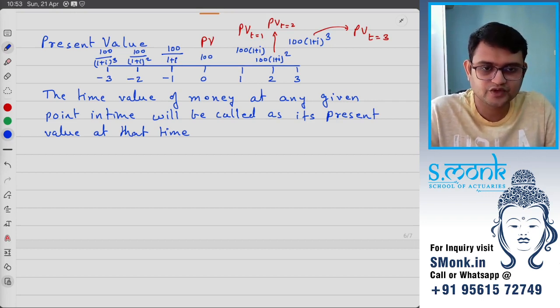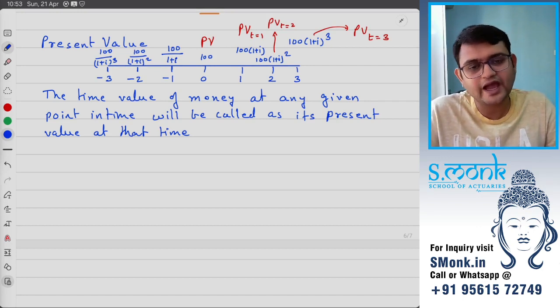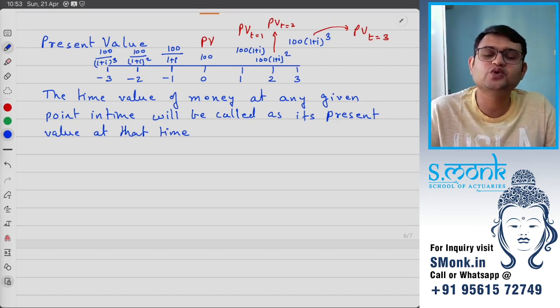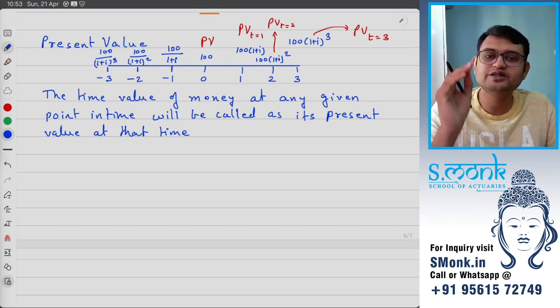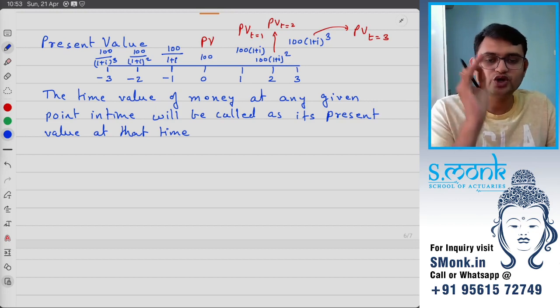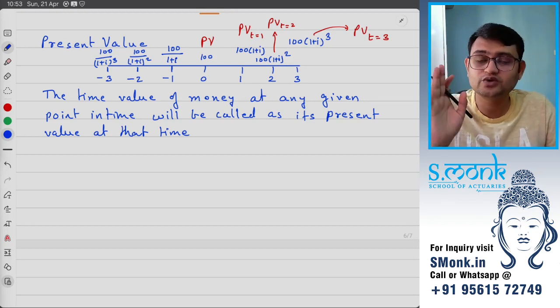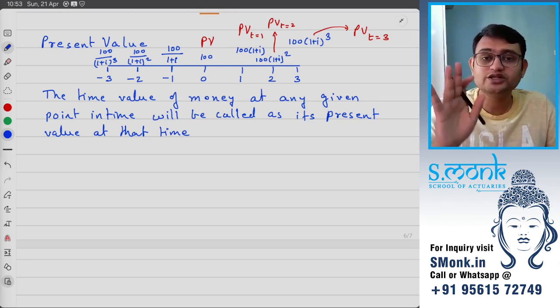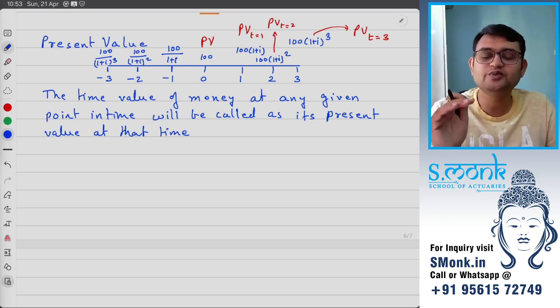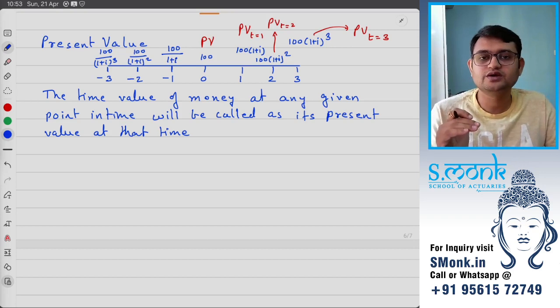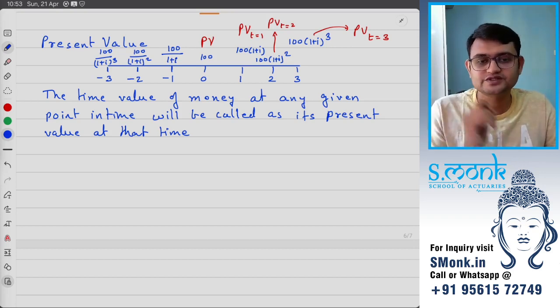Okay. So we'll divide by that money. So I can find present value at any given point in time, irrespective of whether that money was present at that time or not. Because as we talked about yesterday, money is not the physical note that we have. It is just a concept of valuing goods and services.